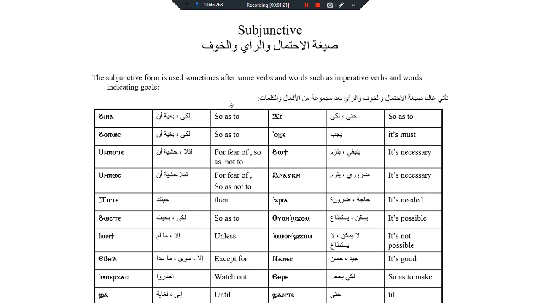For example, this structure is usually preceded by some words indicating it. So we find hina, it means so as to or in order to. Hōs, so as to or in order to. Mē pote, for fear of or so as not to.